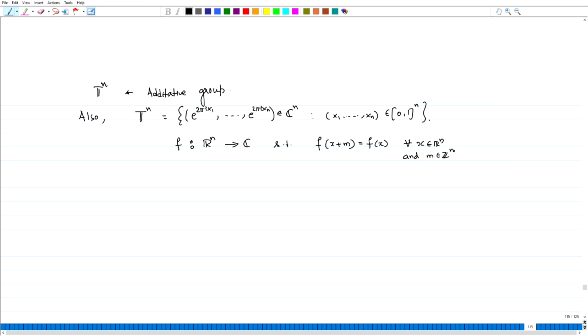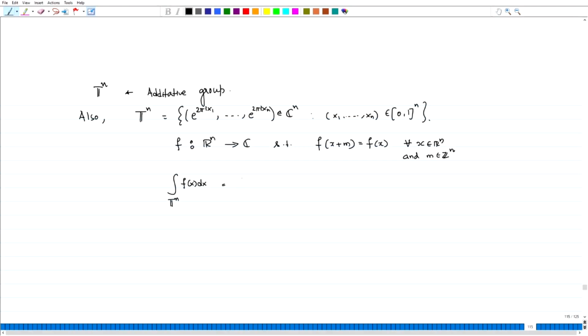We call this a one periodic function, and therefore one can easily see that the integral over T n of f of x dx, as usual when we talk about the integral over T n, what we mean is the Riemann integration defined over the cube, identifying T n with the cube.